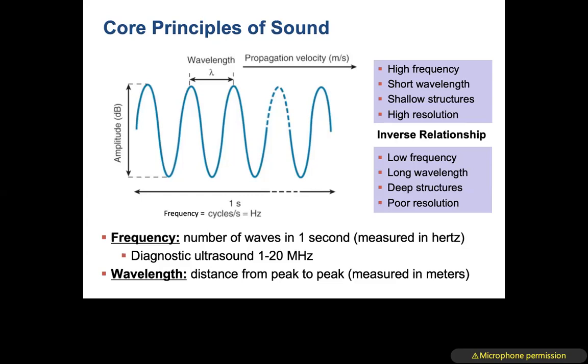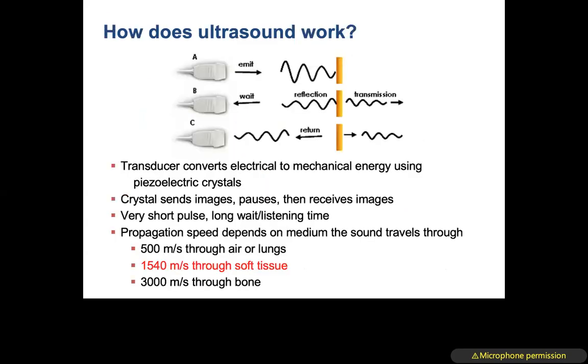These ultrasound beams are used to look at shallow structures, but you'll have a very high resolution because of that very short wavelength. Conversely, if you have a low frequency, this will have a long wavelength. These long wavelengths can travel deep into the body and look at deep structures, but your resolution will not be as clear. You'll have a poorer resolution.